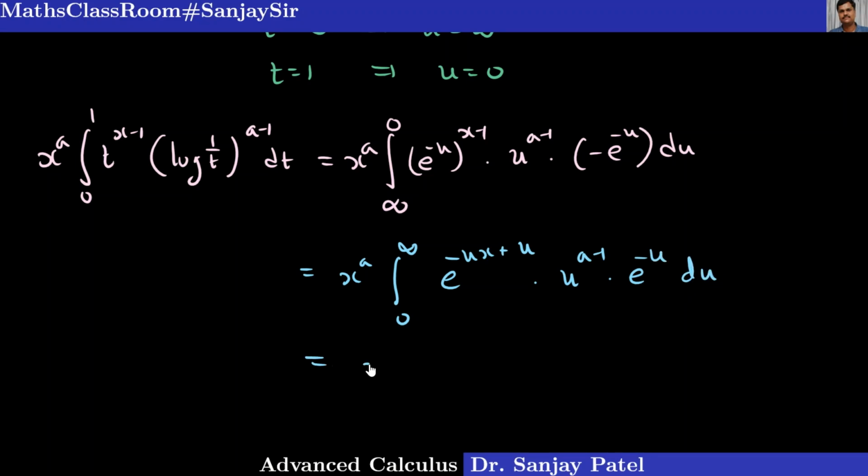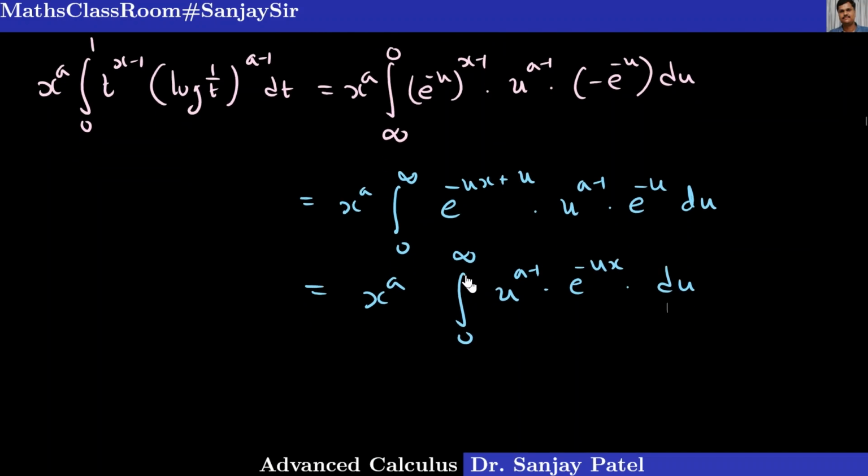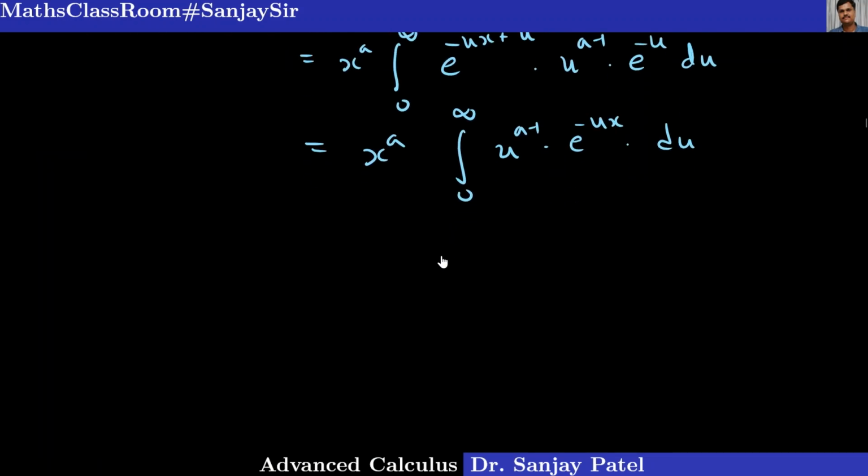So which I can write as x raised to a into u raised to a minus 1 into e raised to minus ux du. The variable is u here, remember, not x. And this is similar to the gamma function, but the constant x should not be there.